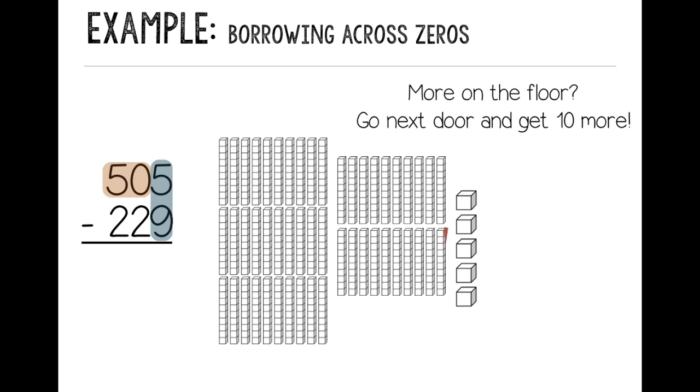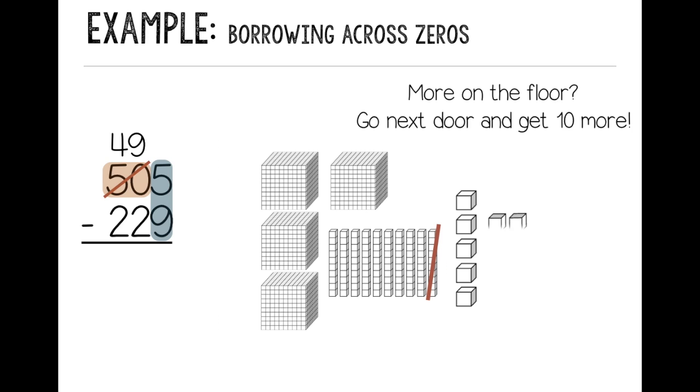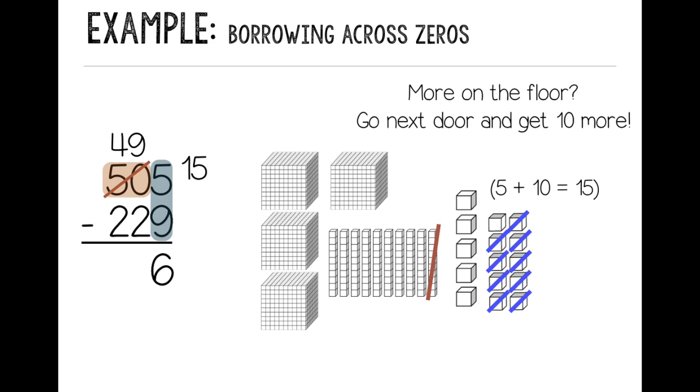And I can take one of those tens and turn it into my 10 ones. So now I have 49 tens. And I move the 10 ones over. And then I can add it up. 5 plus 10 equals 15. So that 5 becomes a 15.